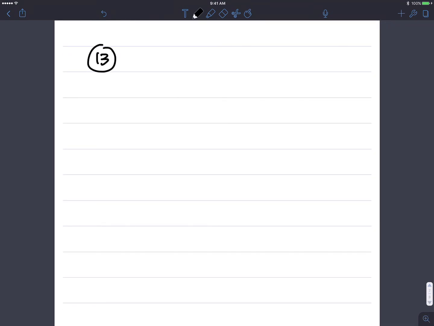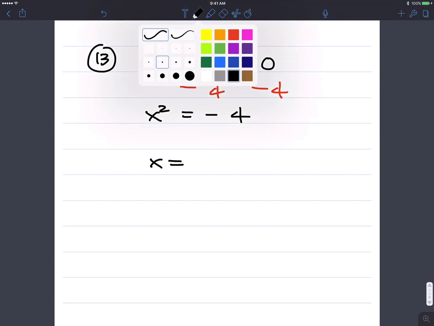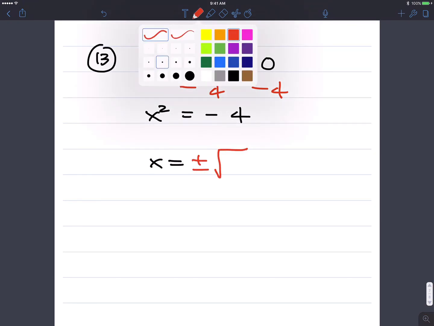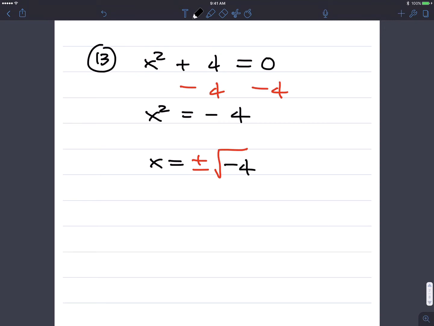Number 13. X squared plus 4 is 0. Solve for x squared. Subtract your 4. X squared is a negative 4. Okay? Now we can use the square root principle. And we can say x will be plus or minus square root of a negative 4.